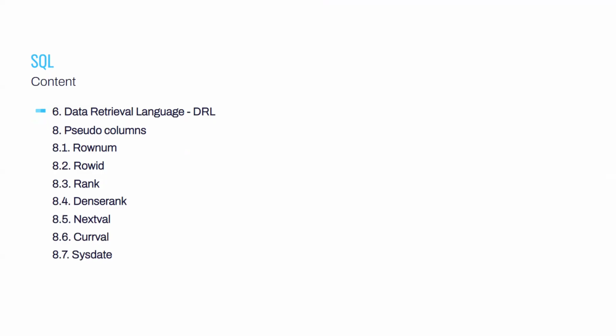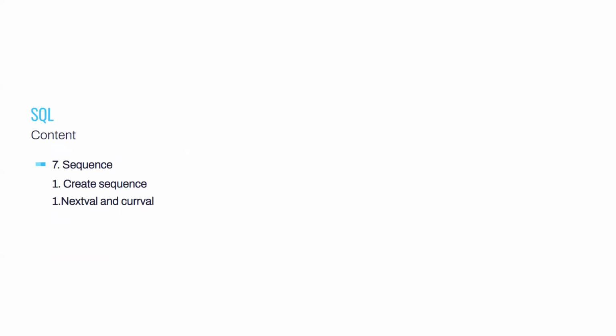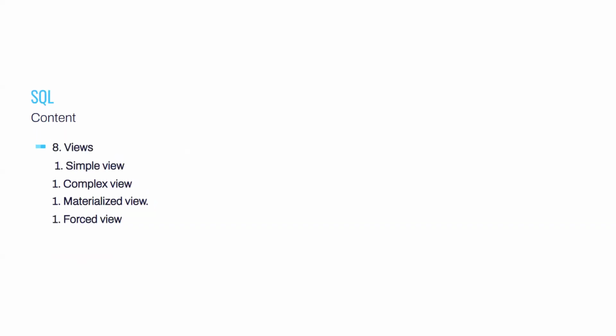There are row number, row ID, rank, dense rank, current value, and fetch date. After that, we will discuss sequences: how we can create a sequence object and how we can call that object to generate sequence values. After that, we will discuss views.